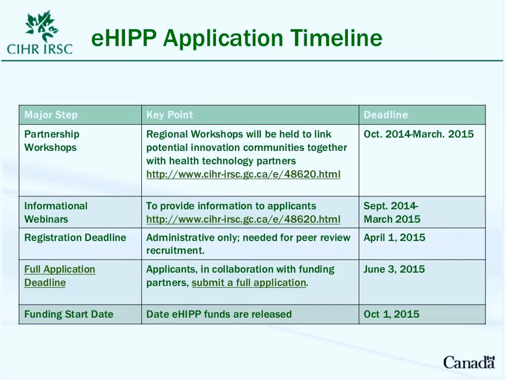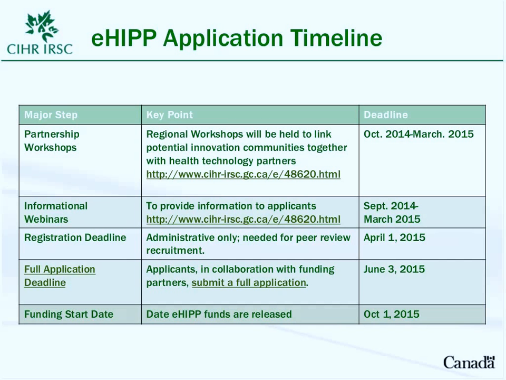In terms of the timeline for the application, this is our last webinar, as I mentioned. Our last partnership workshop will be in Montreal and coming up soon. And there is a registration deadline for applicants who are interested in submitting an application of April the 1st. This is not onerous.